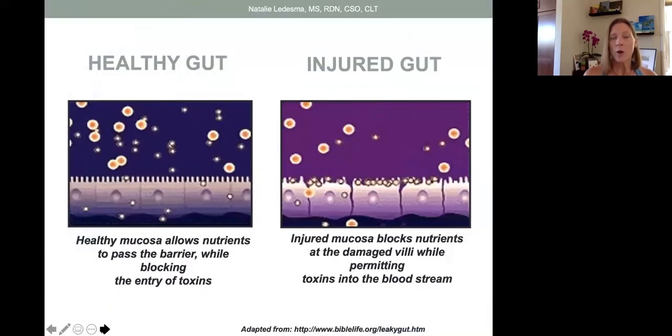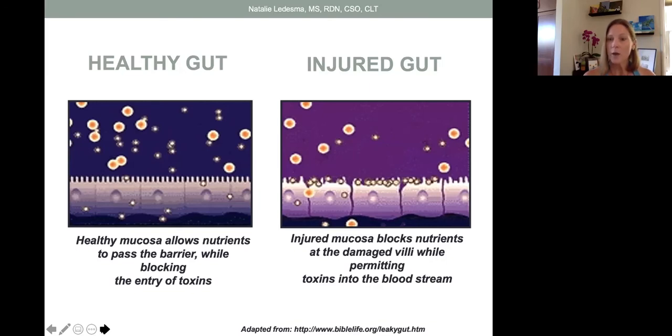So here, thinking along the lines of repairing, on the left we have a healthy gut, where you can see the healthy mucosal cell membrane, noted by the intestinal villi, the little finger-like projections, that allows the nutrients to pass through the barrier, yet the toxins are blocked.